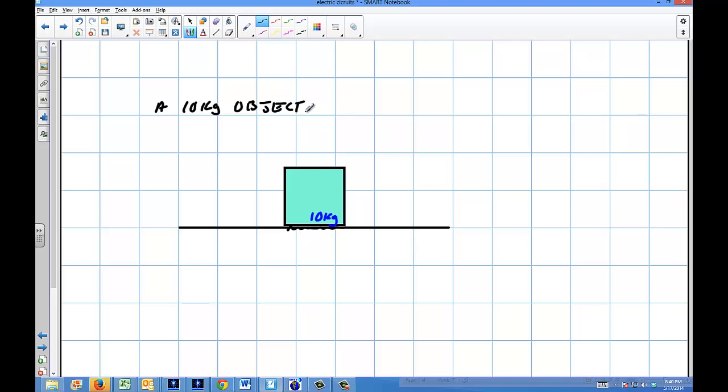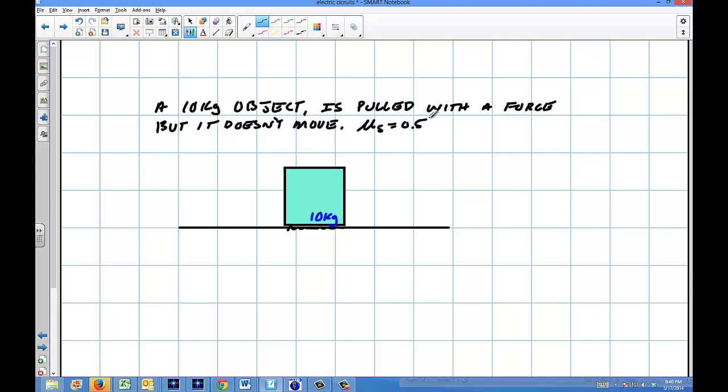Is pulled with a force, but it doesn't move. Okay, and if I said, okay, so if the mu static friction of the floor was 0.5, and what is the max force applied?